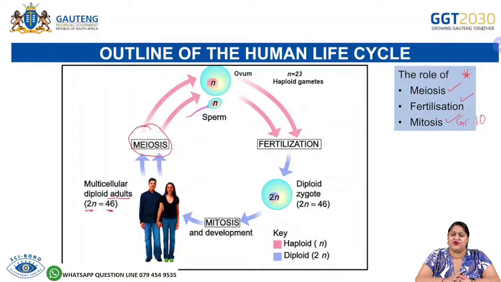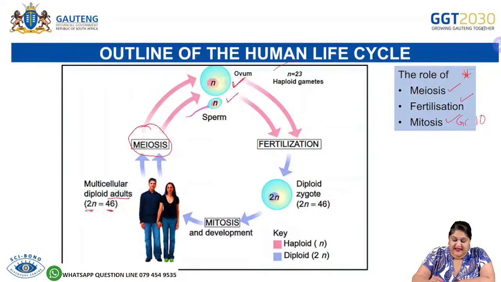The cells that are going to become gametes in a female, that gamete is called an ovum. We'll go into the details about how they are produced later in this lesson. In males, they are called sperm cells. One is an ovum, many are ova, and in the males it's a sperm cell.